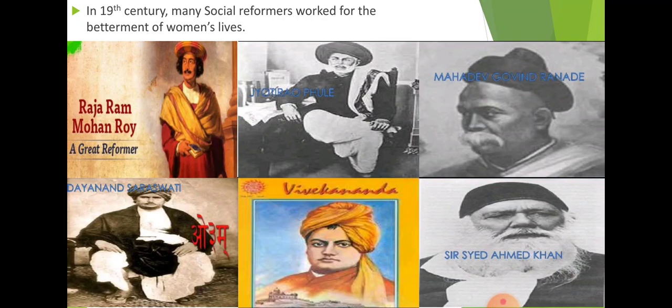So several reformers came at that time and worked for the betterment of women's lives, like Ram Mohan Roy, Jyotiba Phule, Mahadev Govind Ranade, Dayanand Saraswati, Vivekananda, Sir Syed Ahmad Khan and Ishwar Chand Vidyasagar. There were a lot of reformers.